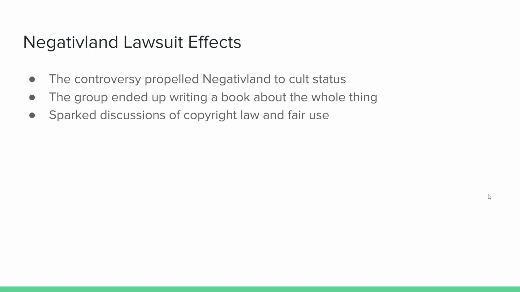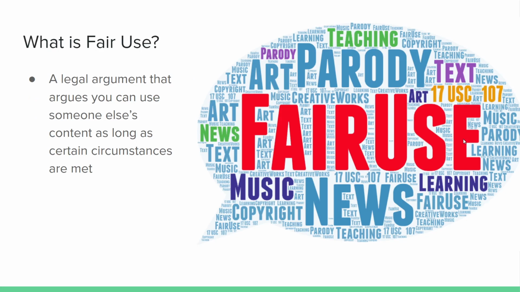So, what were the effects of this lawsuit? Well, the controversy actually propelled Negative Land to like a cult status. They ended up writing a book about the whole experience, and in essence, sparked discussions of copyright law and fair use. But what actually is fair use, right?